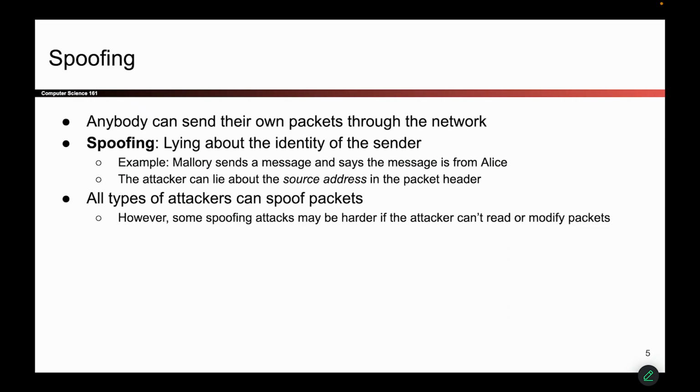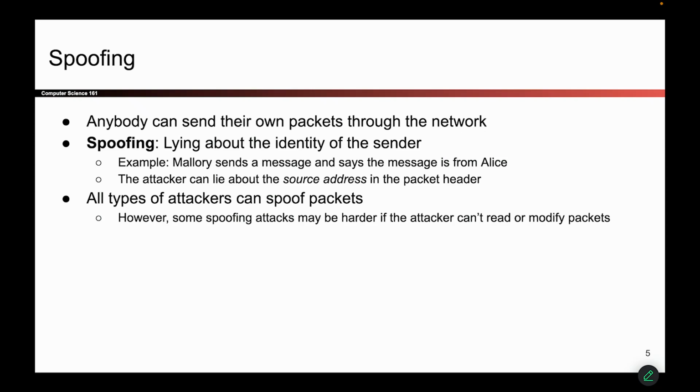Now, because we mentioned that anybody can send their own packets, one attack you can already do is something called spoofing. So far, when we've shown packets being sent, we've always shown the packets being filled in honestly. For example, if I'm sending a message to Bob, I will always write my IP address as the source address.